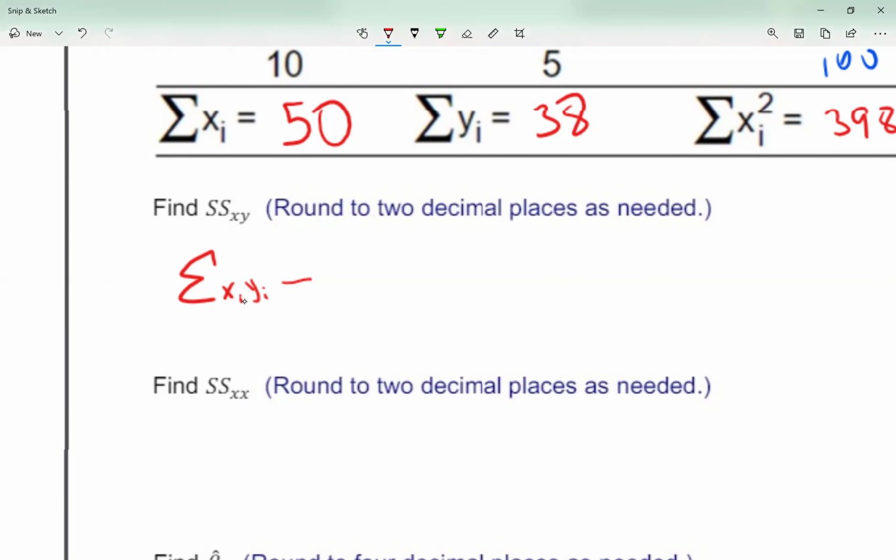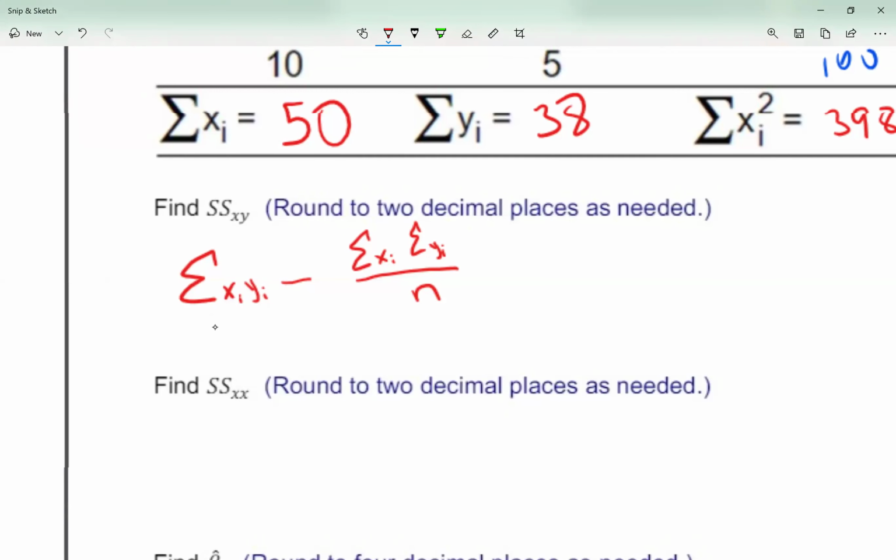Okay, cool. So this is how I start this. Like I said, right now, it's the same formula. So the sigma of x times y minus sigma of x times sigma of y. You guys see where I got the x and the y, where it comes from, divided by n.